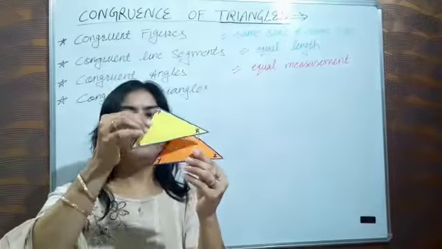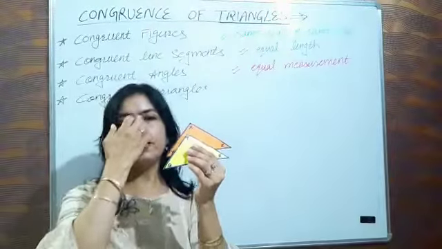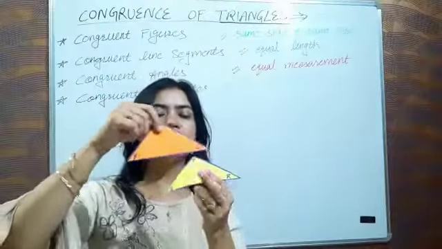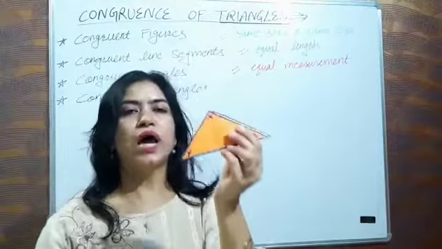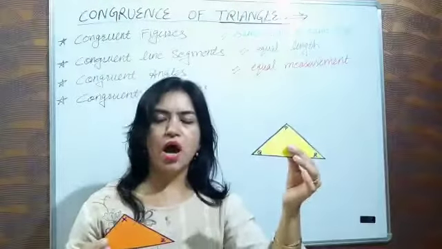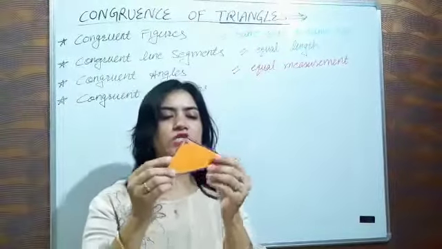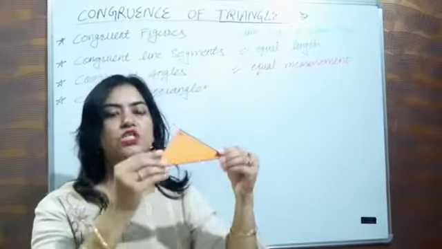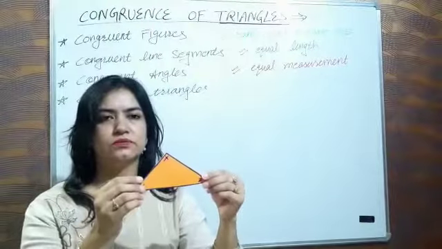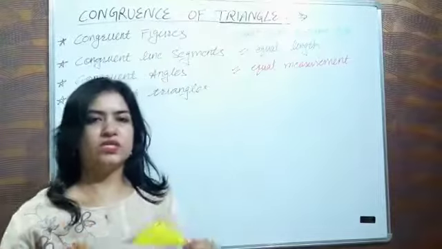Now triangle PQR overlaps the triangle XYZ. It means we can turn them, we can rotate them, and we can adjust them so that they superimpose each other. Now the triangle PQR and the triangle XYZ, they overlap each other, they cover each other completely, they superimpose each other. So these triangles are congruent triangles.